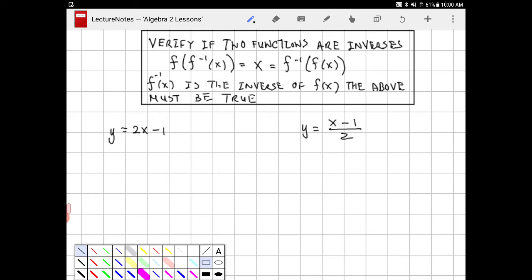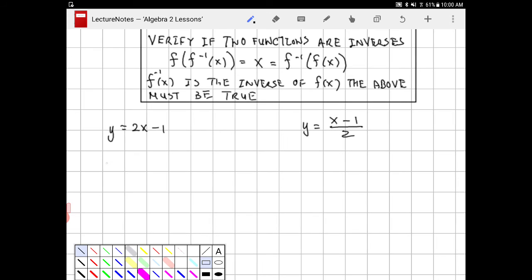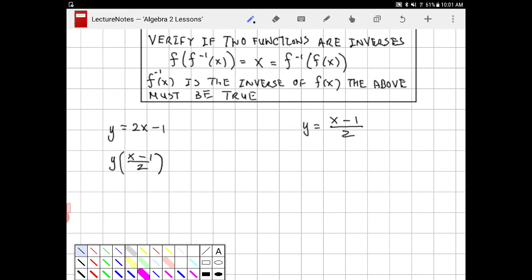So according to that box right there, okay, if I take one and substitute it into the other, so if I do this, of x minus 1 over 2, I'll end up with 2 times x minus 1 over 2 minus 1. So I have the fractions here, okay, the 2's will cancel. I'm left with x minus 1 minus 1. And I get x minus 2.